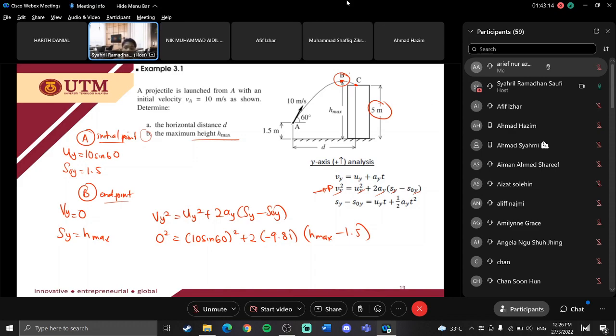If you solve this, you will get your Hmax value. You can check whether the value is correct or not. Okay, Hmax is 5.32 meter.